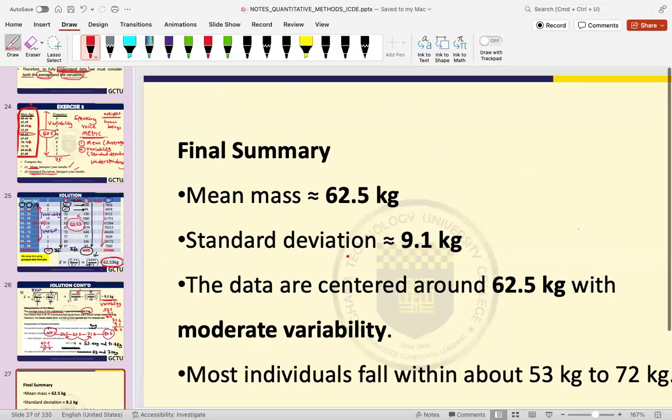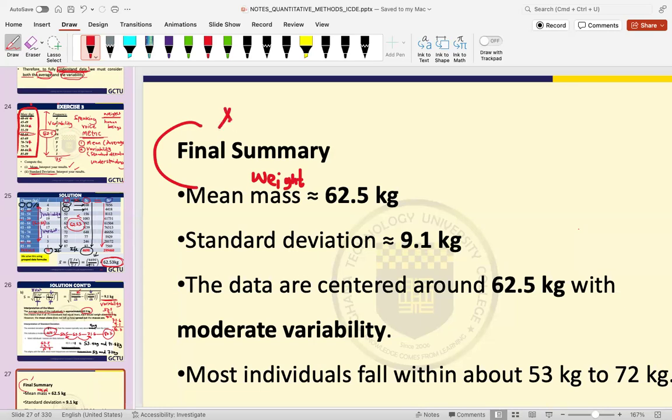So in summary, what we can say about our data is that the mean mass or weight, in other words, the mean also means the average. So the average weight that we are learning from our data is that most people should weigh around 62.5.